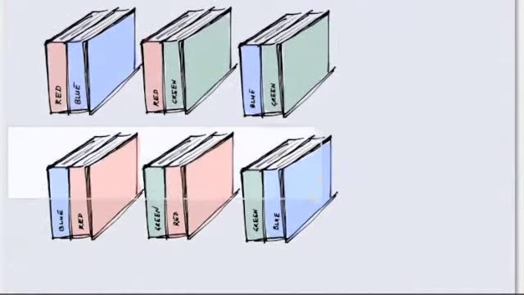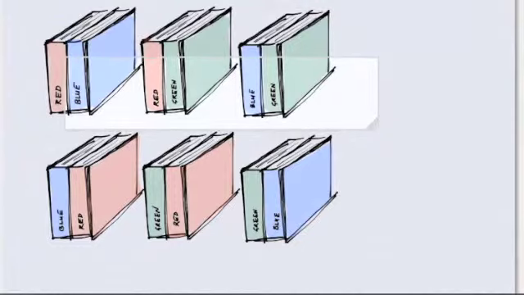Well, the bookshelf has space for only two books. So with the given three books, we could perhaps choose the red book first, followed by the blue book to give us a red-blue arrangement in the bookshelf. Or we could reverse the order of picking, pick the blue book first, followed by the red book to give us a blue-red arrangement in the bookshelf.